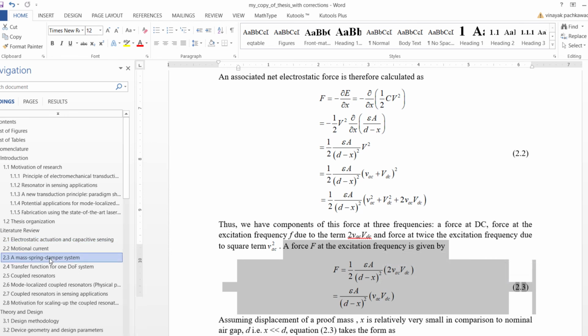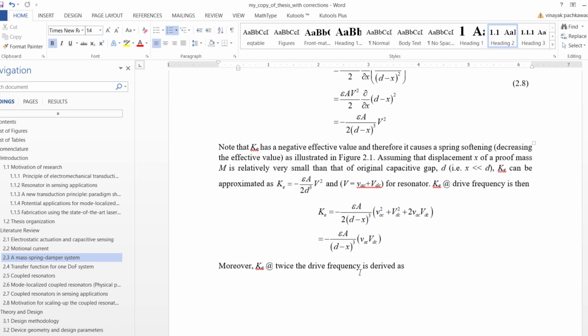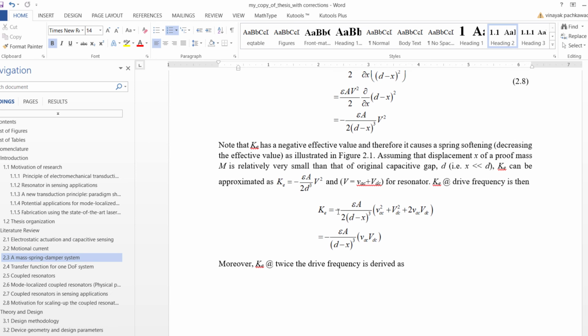Similarly, we can derive an expression of Ke at the drive frequency, which is given by Ke equals minus epsilon A over 2 in bracket d minus x whole cube, in bracket we write this V square, we expand and write it as V square AC plus V square DC plus twice VAC VDC.